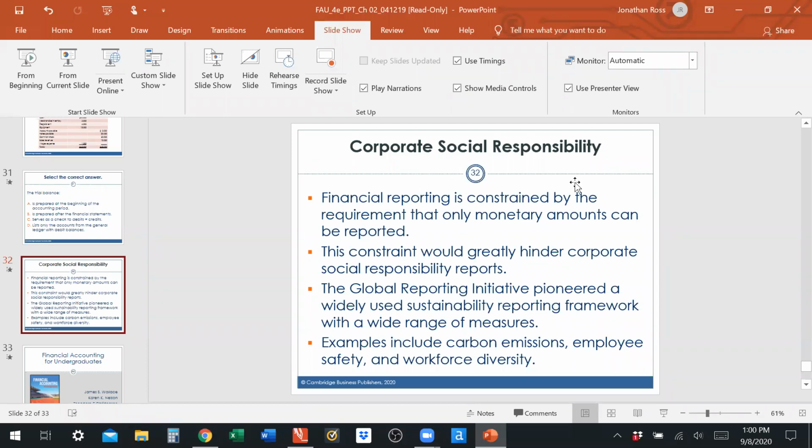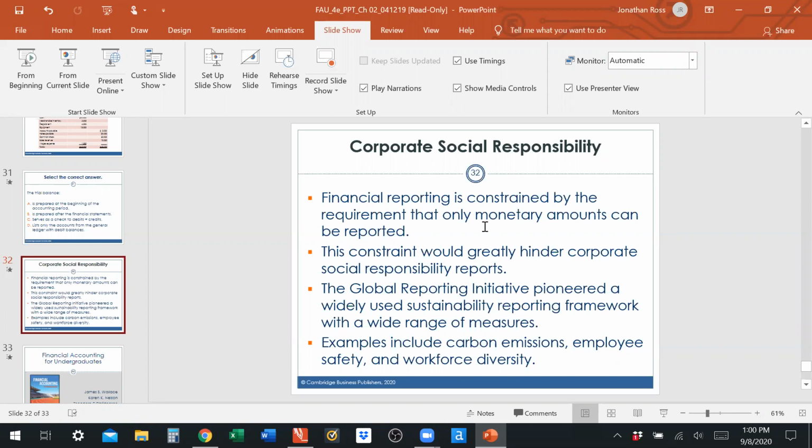Corporate social responsibility has become increasingly important for companies. The idea here is that financial reporting, and what firms are required to report by law, are just the financials. And basically only things that can be measured in monetary terms.